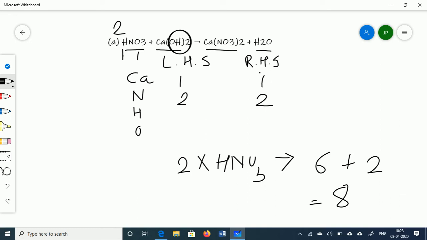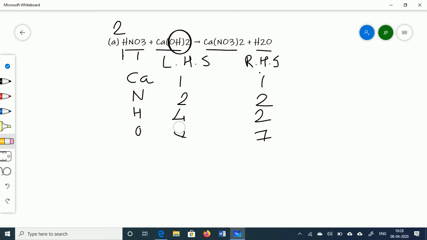Hydrogen is 2 plus 2, so 4 hydrogen is formed, while here 2 hydrogen is there. Oxygen is 6 plus 2, that is 8 oxygen, while here oxygen is 6 plus 1, that is 7 oxygen.